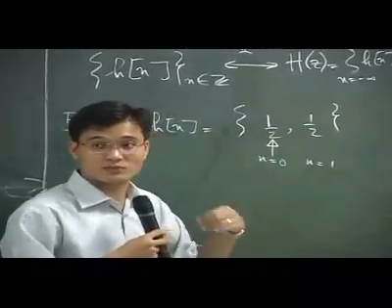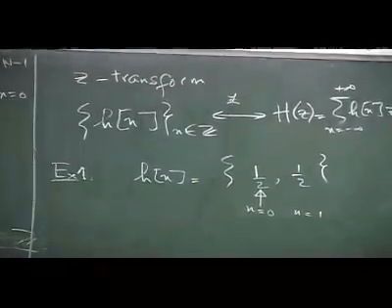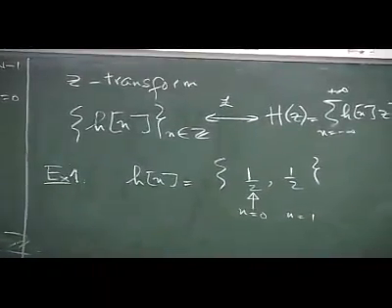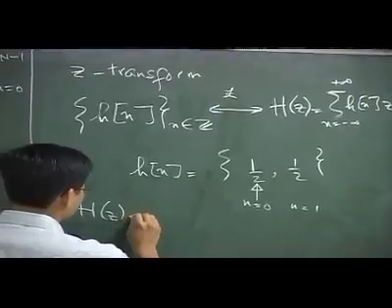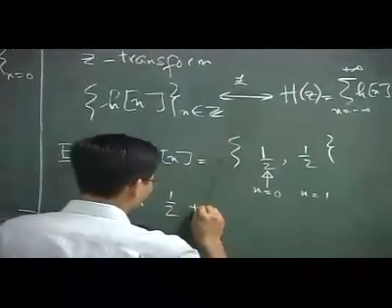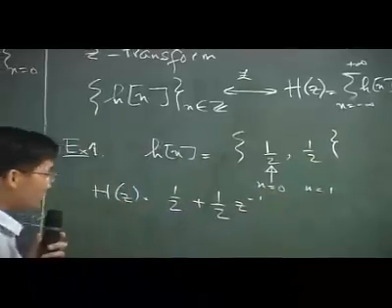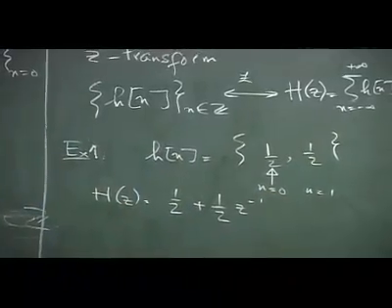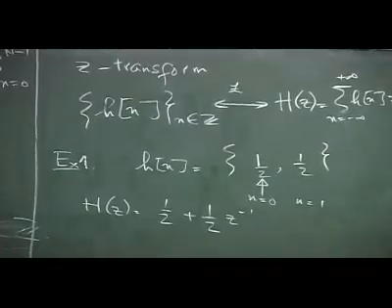Okay, so that is a convenient way of writing a finite impulse response filter, FIR filter. Since I have that one, then H of Z is simply equal to 1 over 2 plus 1 over 2 Z to the minus 1. Okay, so that is an FIR filter in the Z domain. Alright? So that's okay.